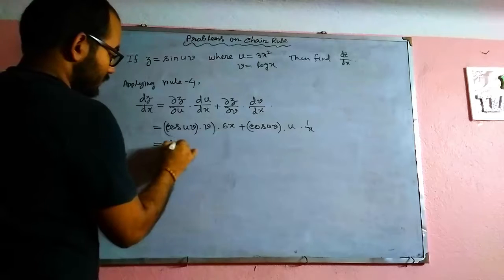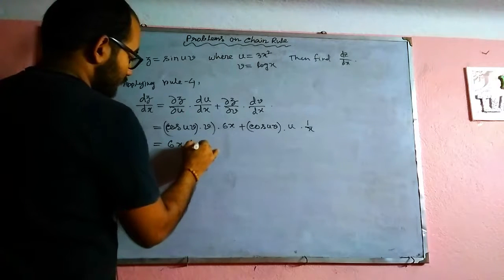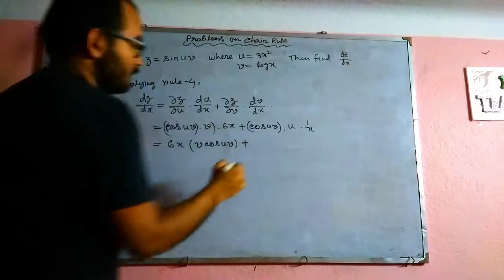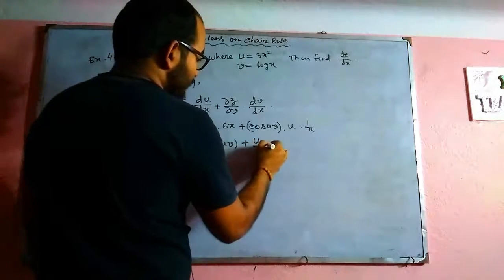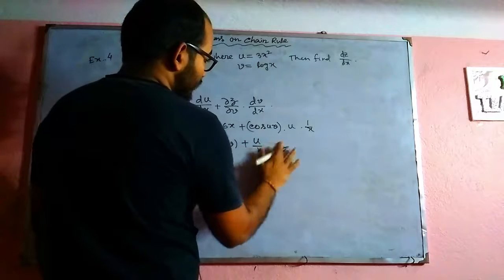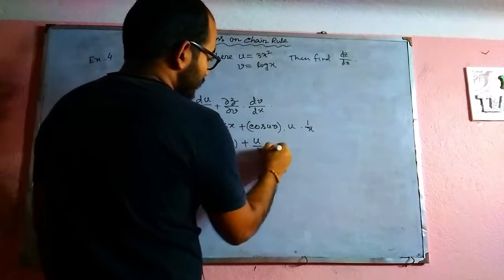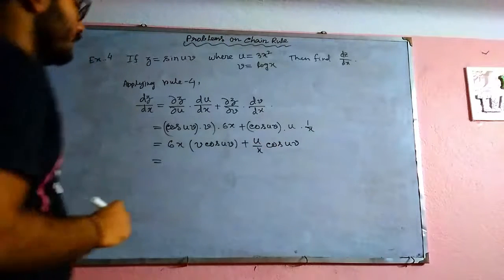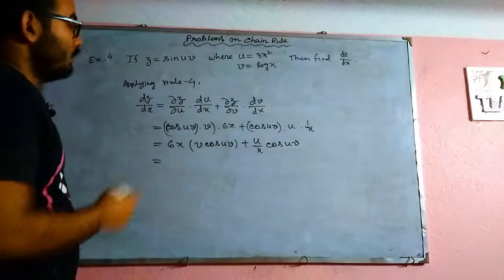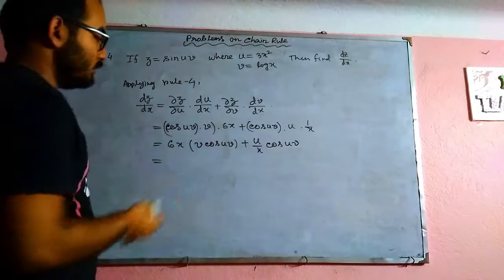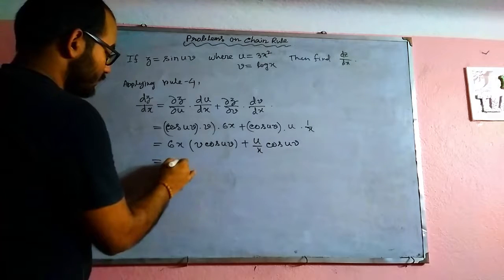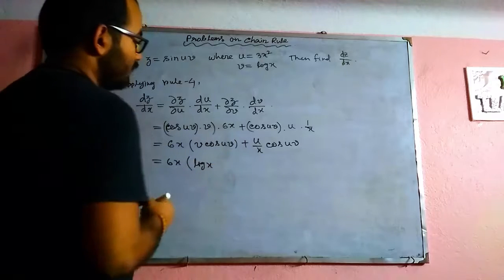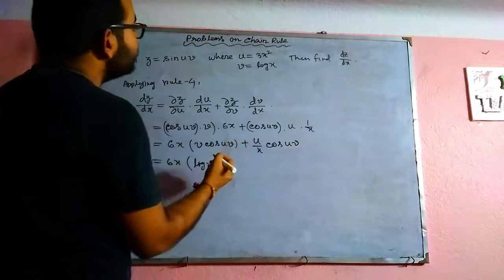So 6x v cos uv plus u by x cos uv. Now we have to put the values of u and v here. So 6x, what is v? Log x. Okay, what is cos uv?